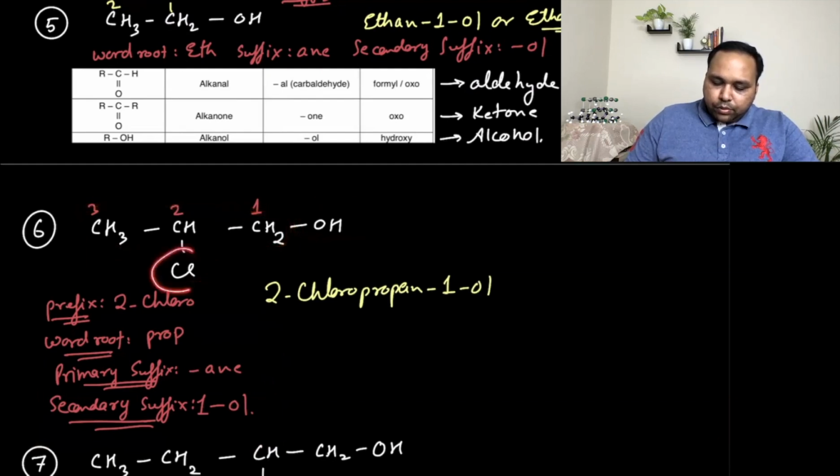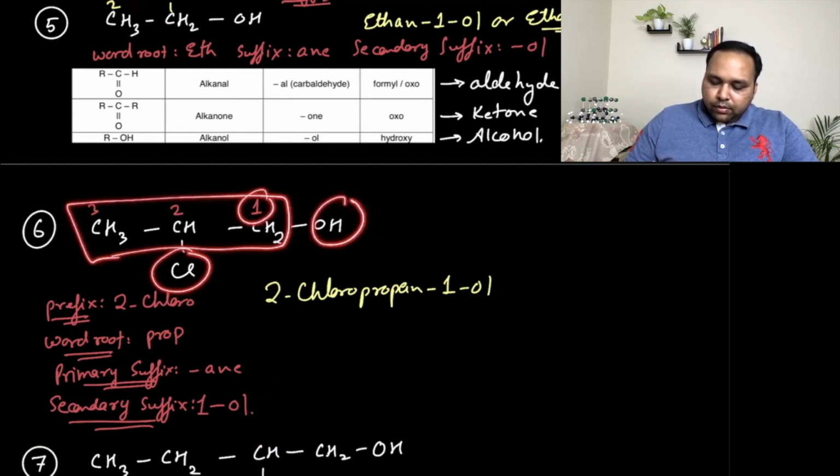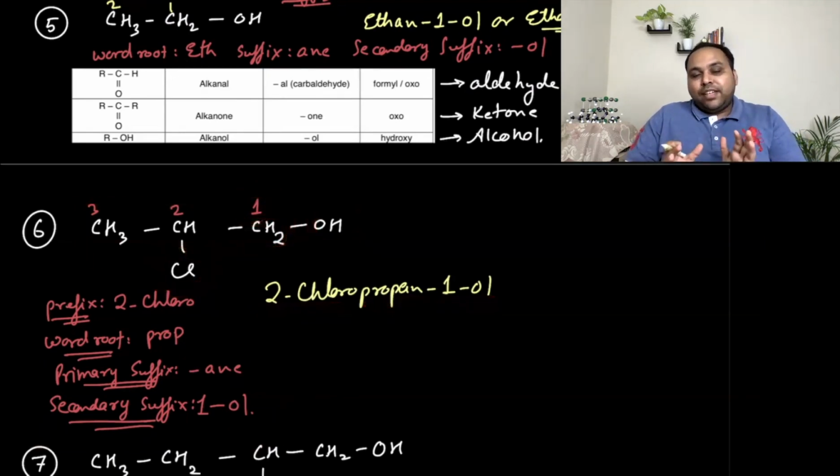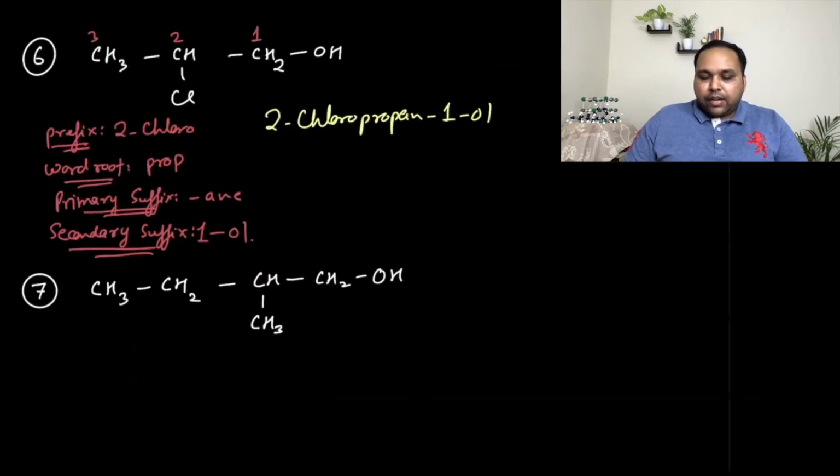So you name it as 2-chloropropan-1-ol. That is the name of this compound. Okay, I hope this is fairly clear to you. If not, just go back and revise this example. Let's do one more example in this video. And in the next part of the video, we'll try and work on more examples with functional groups.